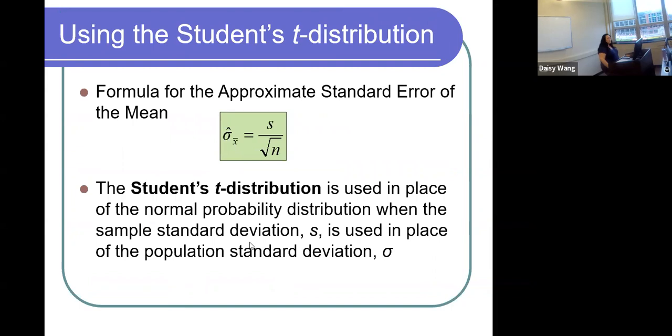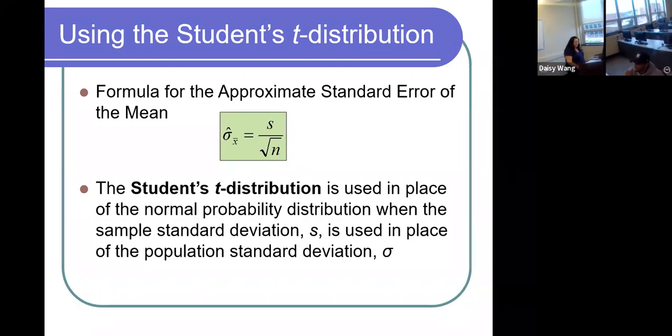So for this one, we still use this formula, but instead of using normal distribution, we have to use t distribution. So t distribution is very similar to normal distribution, but for when the sample size is smaller. Remember when the sample size is smaller, the sigma x bar is bigger, or the margin of error, yes, it's bigger.